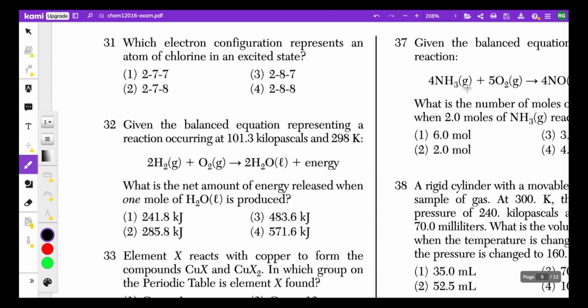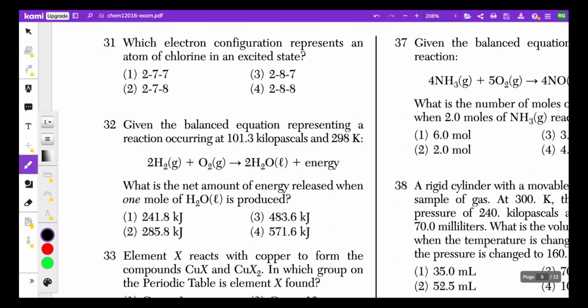That's where the 2 comes from. Second shell, you have 8 electrons. And in your third shell, you're going to have 7 electrons.